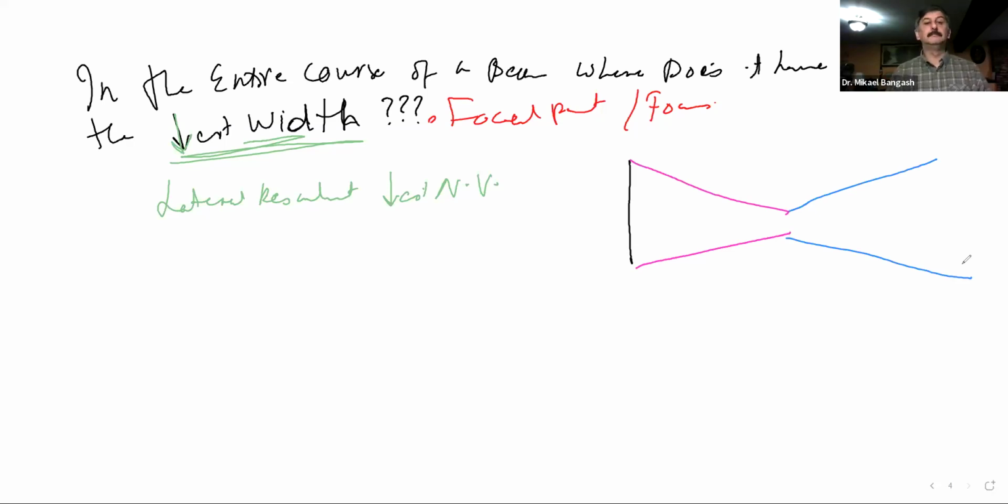This was your beam, right? We said here, let's just say, 1 centimeter. Here, 0.75 of a centimeter.